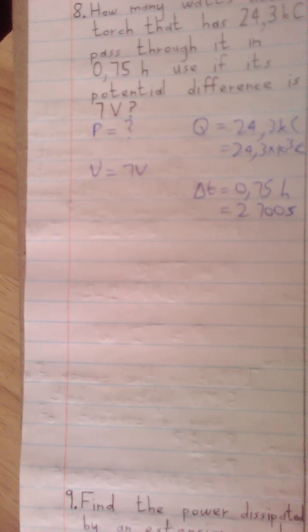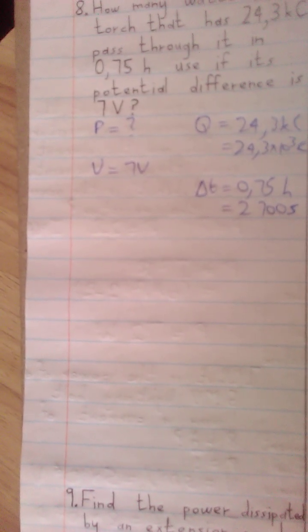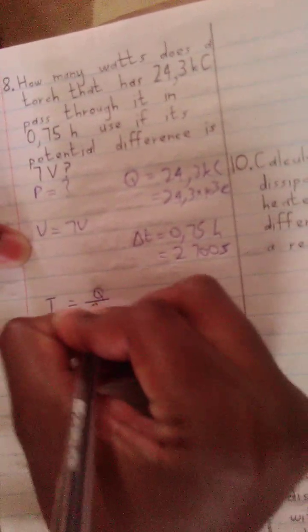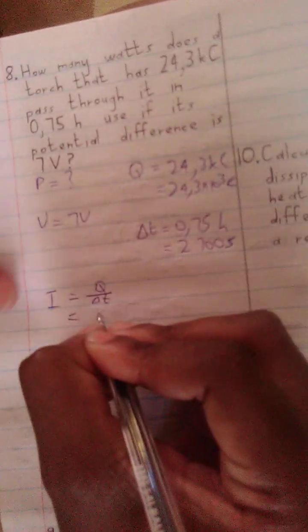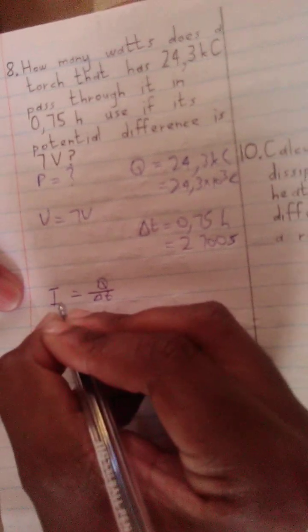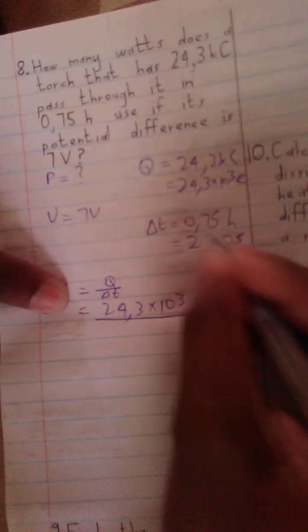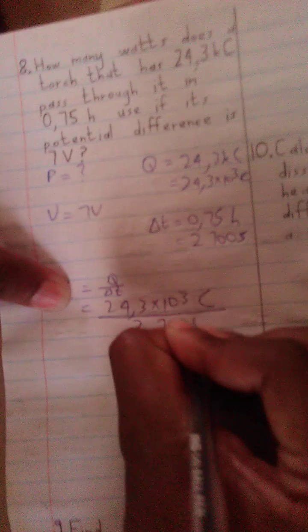So we have time. In the information sheet, there's a formula which says I is equal to Q over delta T. Let's use that to find the current first. So what's Q? It's 24.3 times 10 to the power 3 coulombs over time is 2,700 seconds.